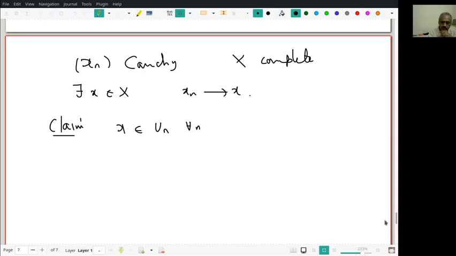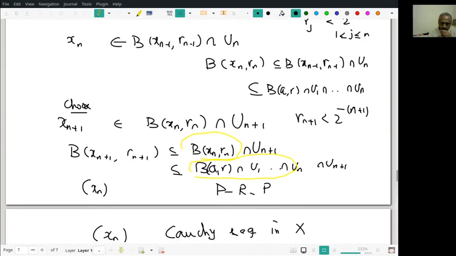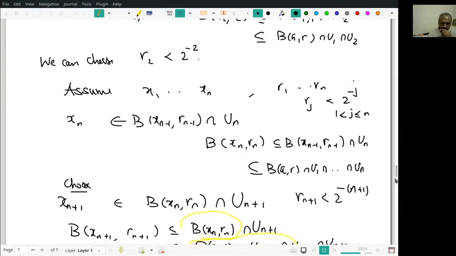The way I want to prove that: if I want to say x belongs to Un for all n, it's enough if I prove x belongs to B(xn, rn) for all n. If I show that, then automatically x belongs to Un for all n.